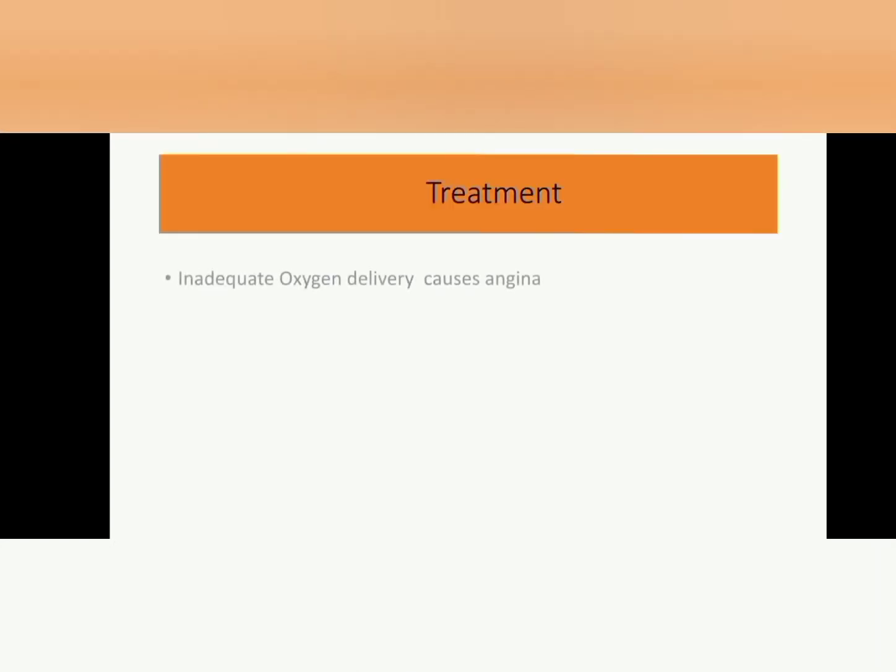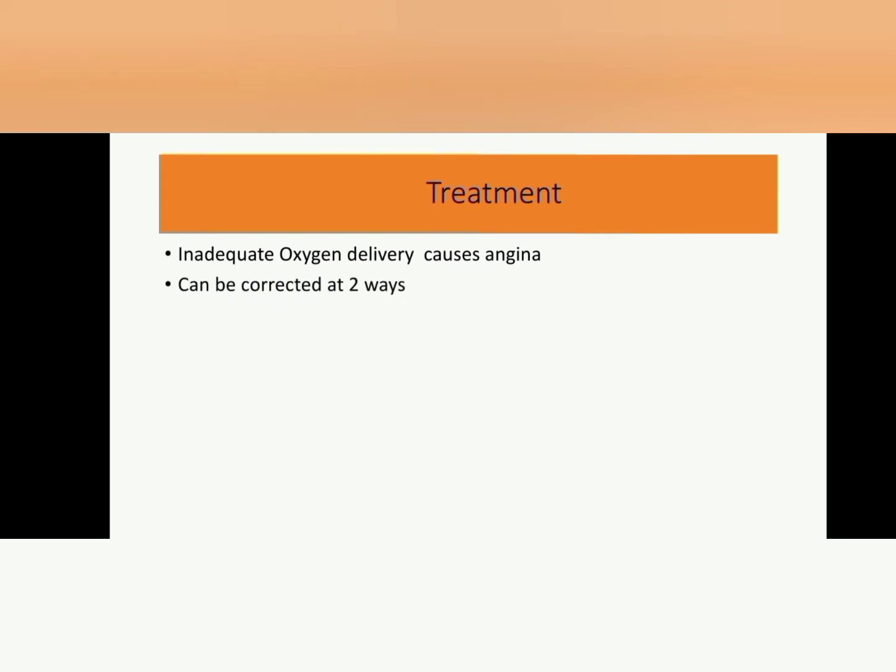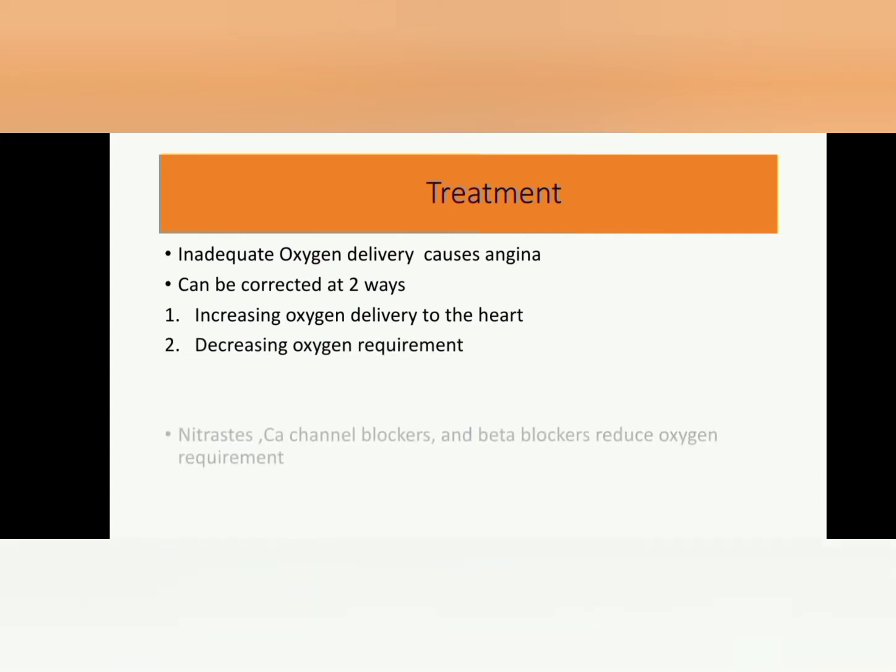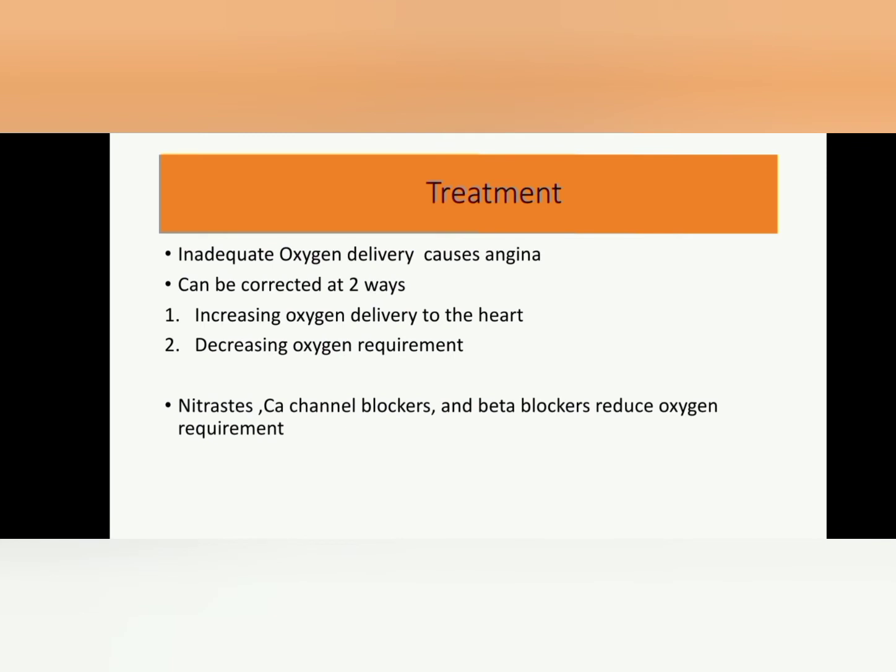Treatment of angina. In angina, there is inadequate oxygen delivery to the heart, so it can be corrected in two ways: increasing oxygen delivery to the heart or decreasing oxygen requirement of the heart. Nitrates, calcium channel blockers, and beta blockers reduce oxygen requirement of the heart.